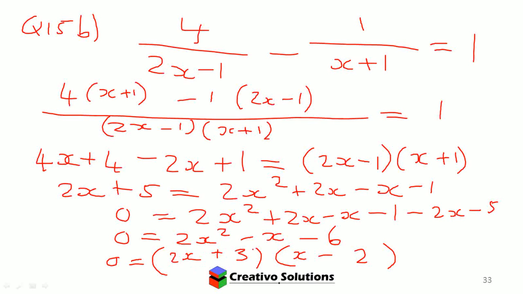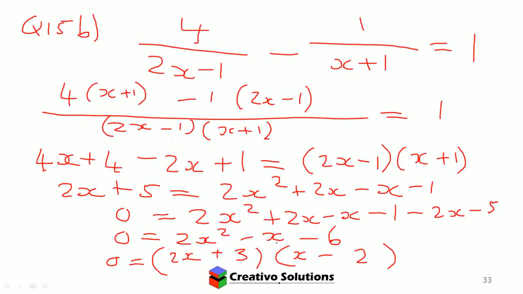If I times 2x by x, I get 2x squared, that's fine. If I times 2x times minus 2, I get minus 4x. Then minus 4x plus 3x gives you minus 1x, so that's fine. And then the last term will be a negative times a positive is a negative. 3 times 2 is 6, so that is correct. So all I need to do now is solve for x.